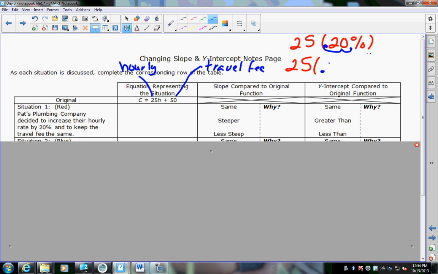So I'm going to multiply it by 0.20. 20% of $25, when we multiply it, equals 5. That's how much it changed. So it increased the hourly rate by 20%, which is 5. So I'm increasing that 25 by 5. My new equation becomes C equals 30H plus 50.